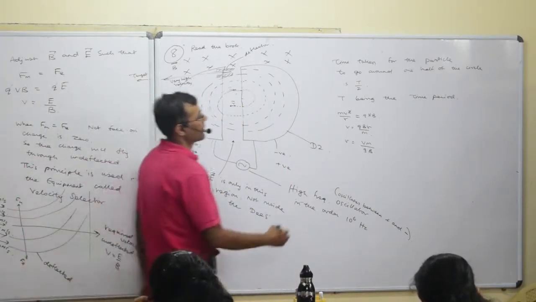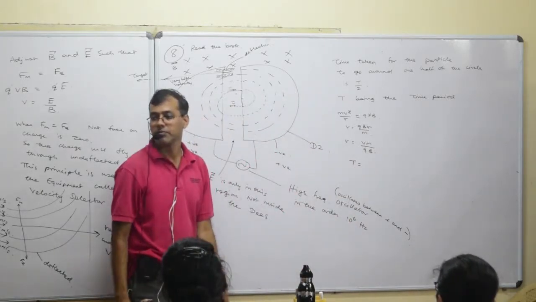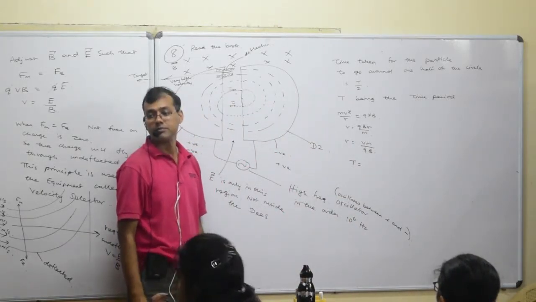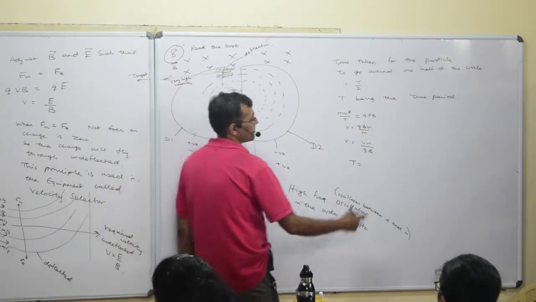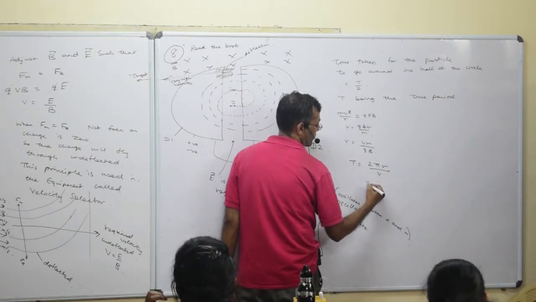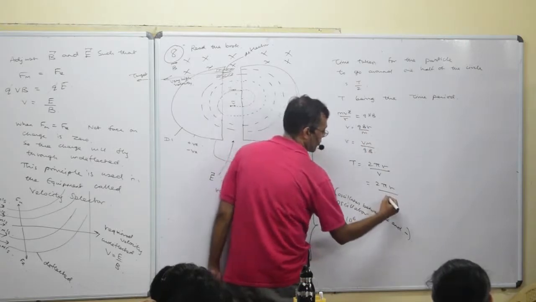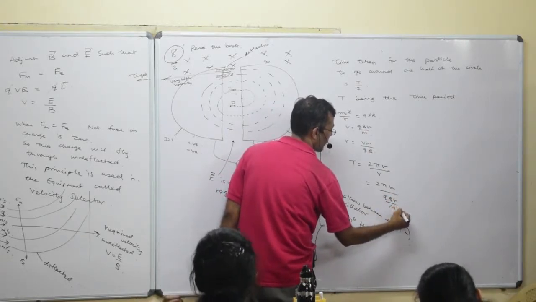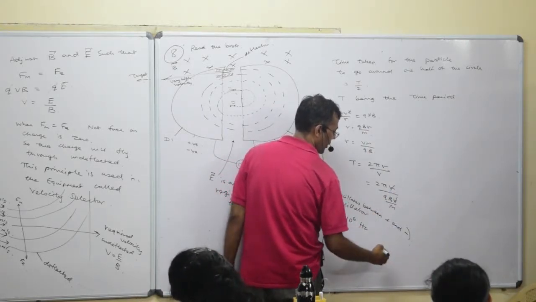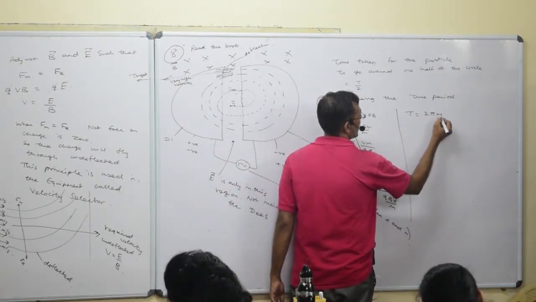If I want the time period, time period is equal to 2 pi r divided by velocity. With velocity equal to qBr by m, r cancels, so time period T is equal to 2 pi m divided by qB.